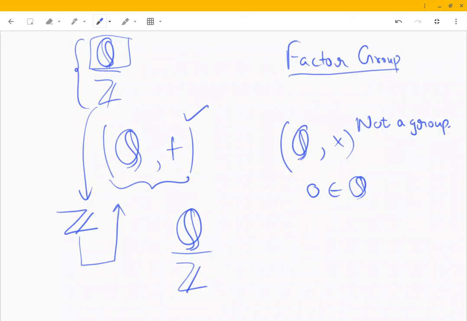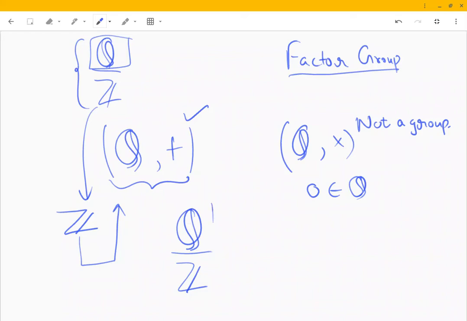So any subgroup that contains the identity, any proper subgroup or even trivial group, whatever, any subgroup will be normal, right?